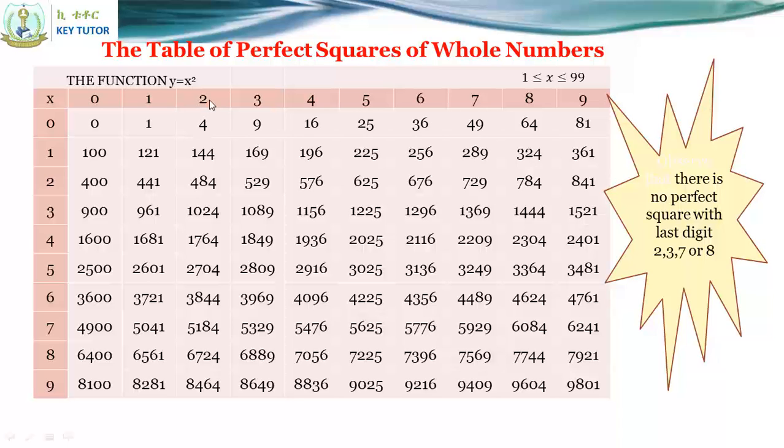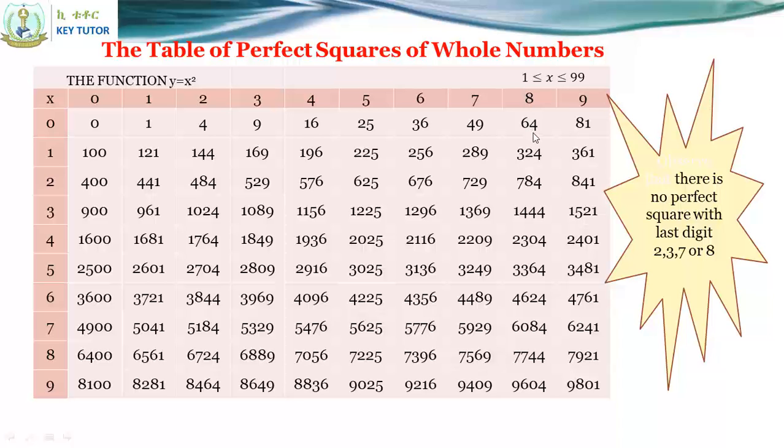Similar to those numbers in the column of 2 and in the column of 8 as well. Those perfect squares in the column of 2 have last digit 4, and those in the column of 8 also have last digit 4.